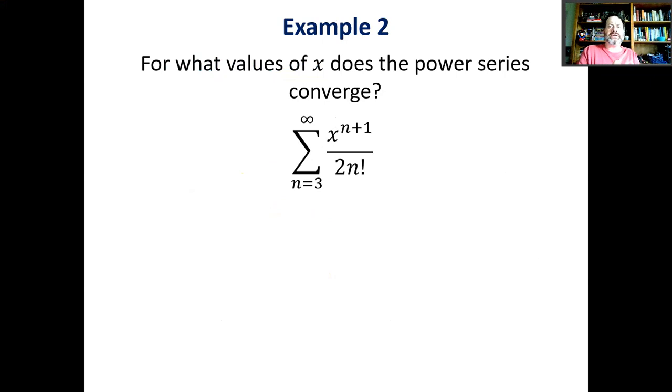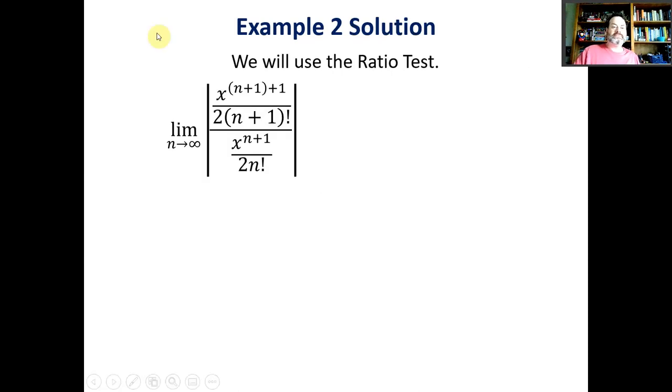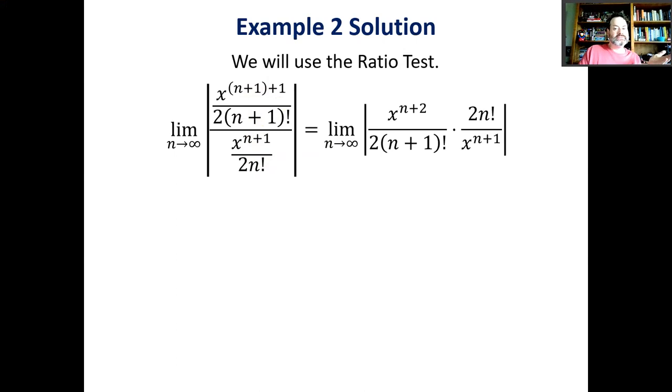So for what values of x does this power series converge? Again, we're going to do the ratio test, and we're going to see what happens. So there's an n plus 1. Simplify it as much as you can. I just did flip and multiply, right? You're going to see that these 2's are going to cancel.